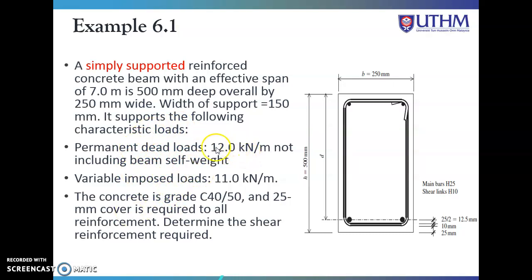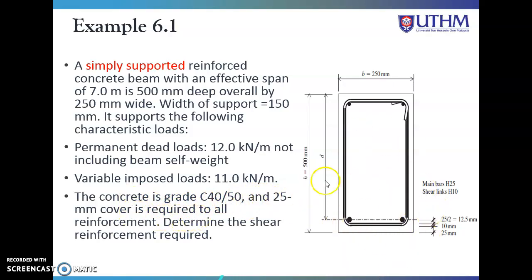Okay, so they given us the permanent dead load, not including the beam fabric and the variable imposed load. Okay, so the concrete grade is C40 and have 25 mm cover.